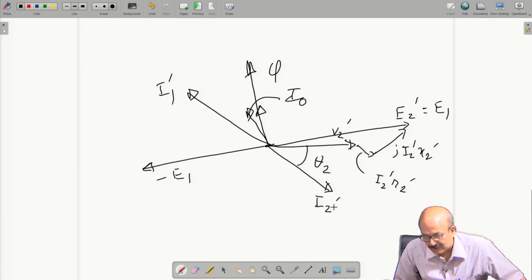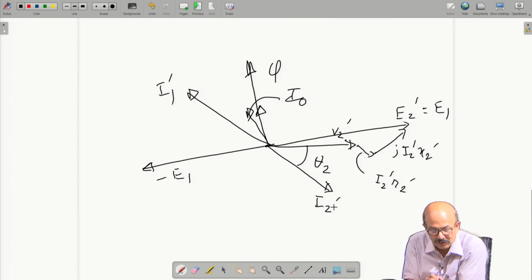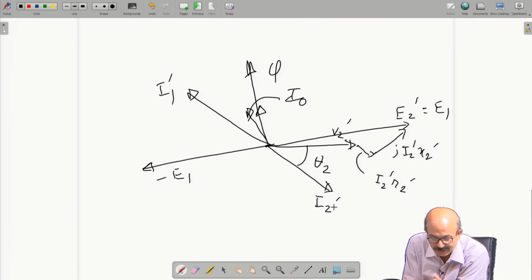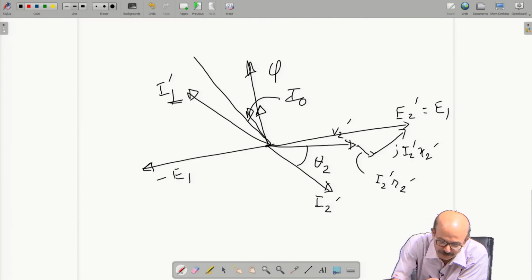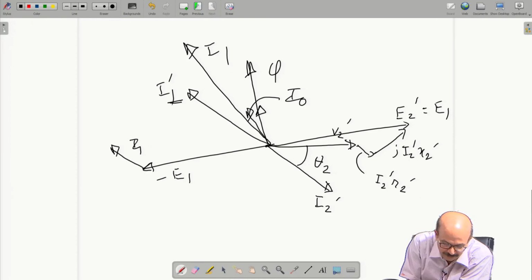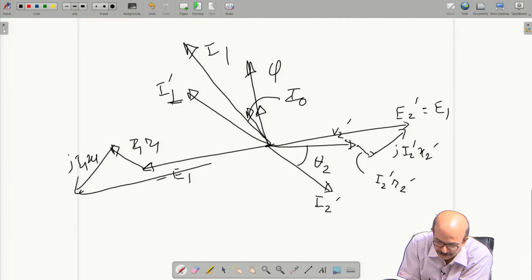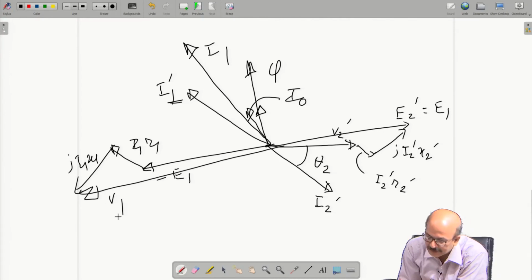Note, this is a load component, not the referred quantity, that has to be understood. Normally dash is put for the load component, but this is actually the load component of I2 dash. If we put it here, this will be your I1, and then we put I1 R1, j I1 X1, and then we can make this V1.